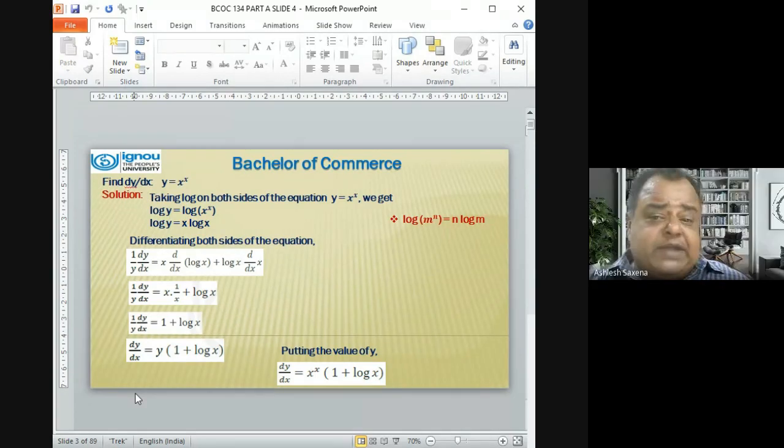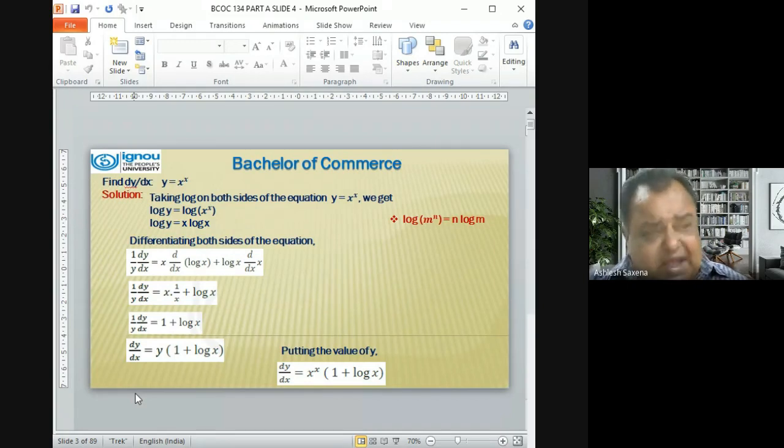When we differentiate log y, we will get 1 by y dy by dx is equal to x into derivative of log x, which is 1 by x, plus log x into derivative of x, which is 1. So what will we get? 1 by y dy by dx is equal to 1 plus log x.